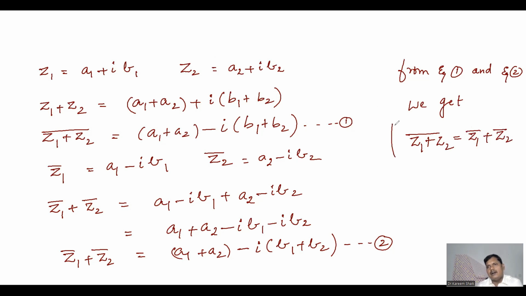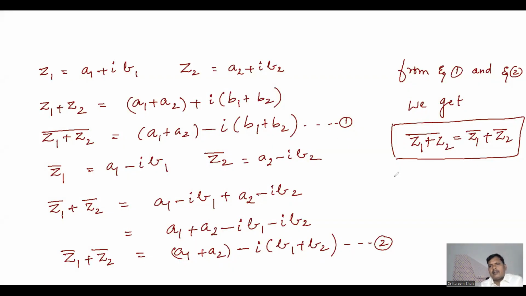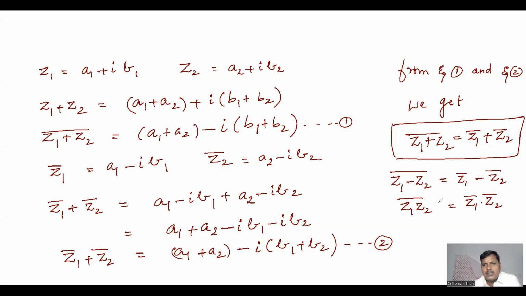I hope it's clear. You can say that z1 minus z2 whole bar is always equal to z1 bar minus z2 bar, and z1 z2 whole bar equals z1 bar into z2 bar. Please remember these properties. Now we'll disconnect.